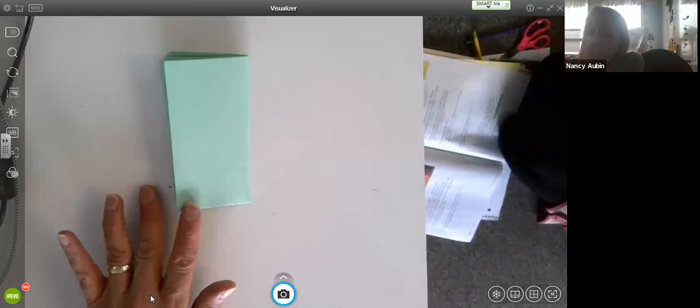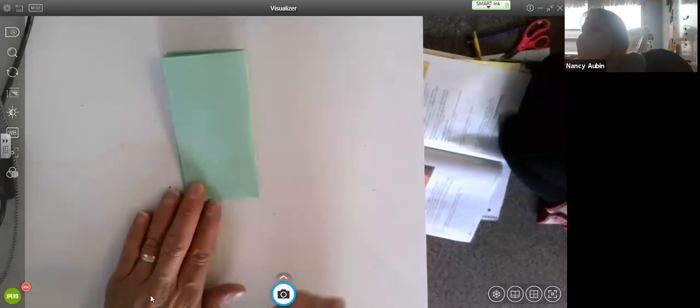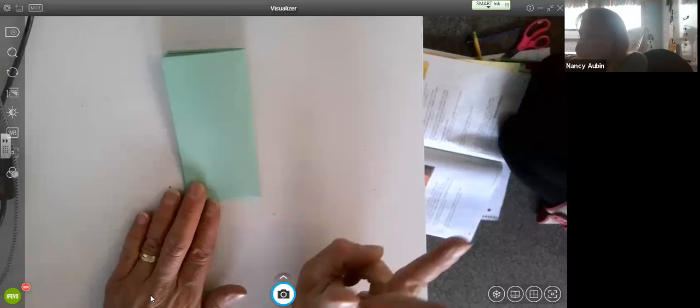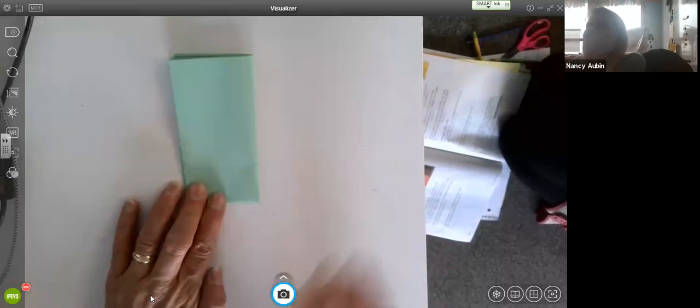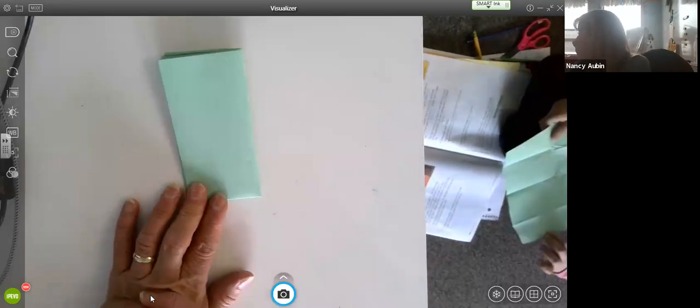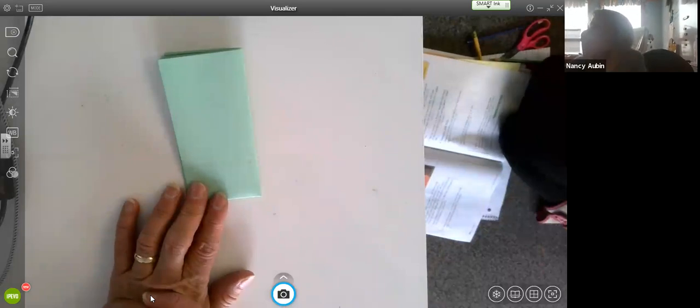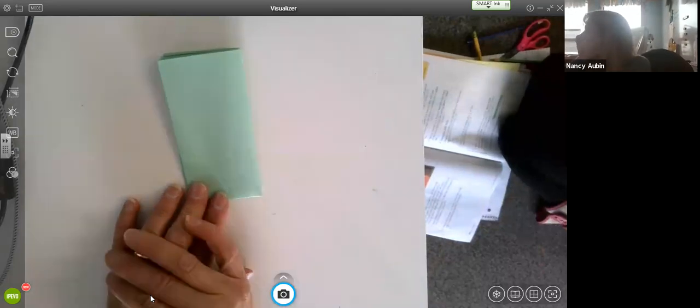So you should fold it in half 3 times. Once you do that, it should look like this. That's 1. Do it again. Nope, the other way. That way. I don't think it's going to matter. They just have to fold it in half 3 times, not diagonally.